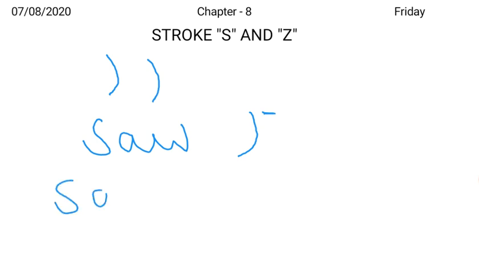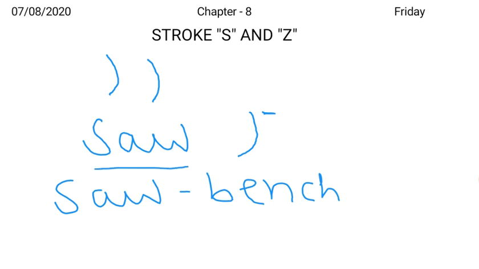The second rule is if we write stroke S or stroke Z in the root word, that should be retained in compounds and derivative words. Example, saw. According to the first rule, after S there is a vowel, so you have to write stroke S. Now, you have to write the outline for the compound word sawbench. Sawbench is a compound word derived from the root word saw.